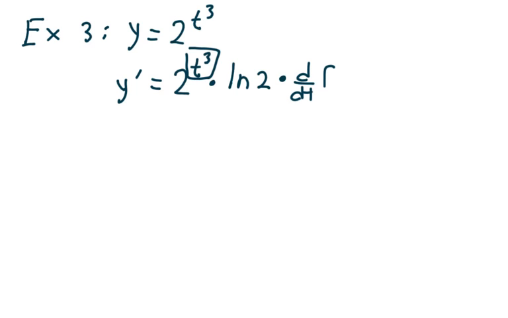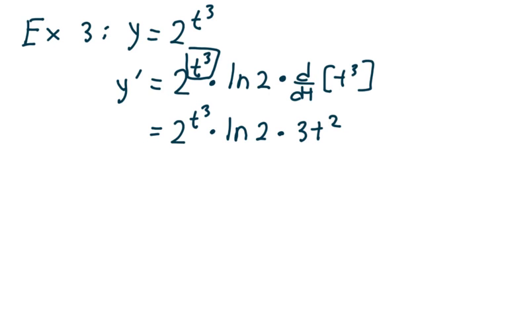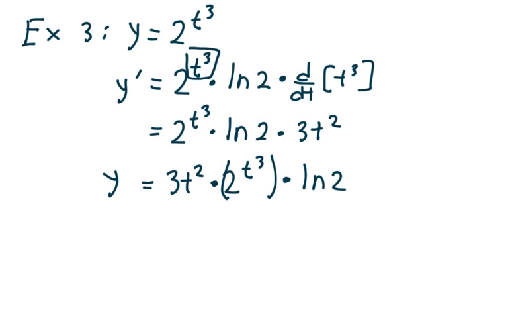So I have to take the derivative of t cubed, which is 3t squared. And so if I write this, I'm going to say 3t squared. I'm going to move that out in front. I'm going to multiply by 2 to the t cubed, okay, times natural log of 2. And this is y prime.